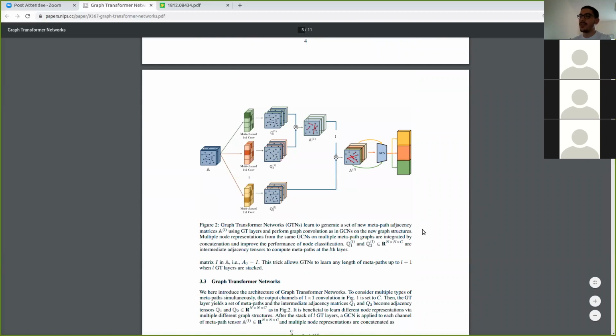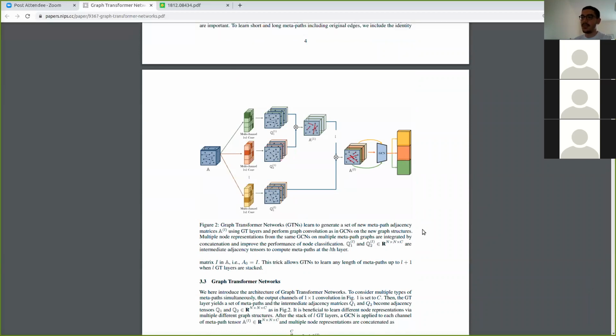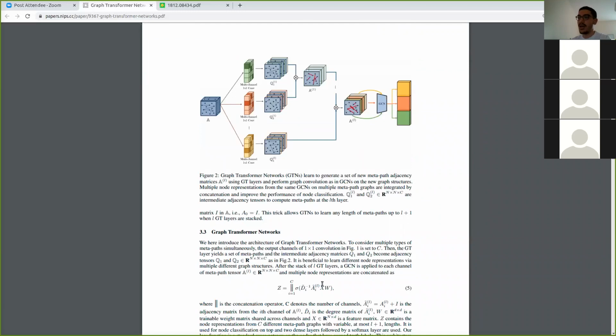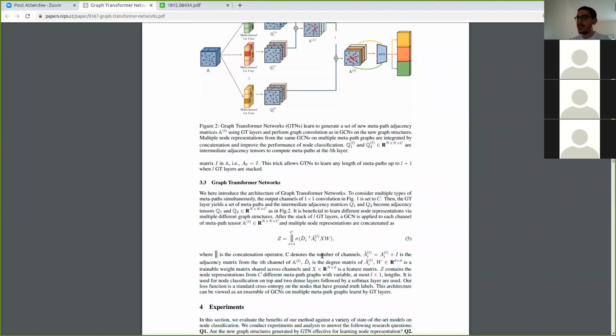These C adjacency matrices are then used as input to the next layer, and the same thing happens until after a certain number of layers, the adjacency matrices are passed into a GCN and concatenated. This is essentially what this equation describes here.